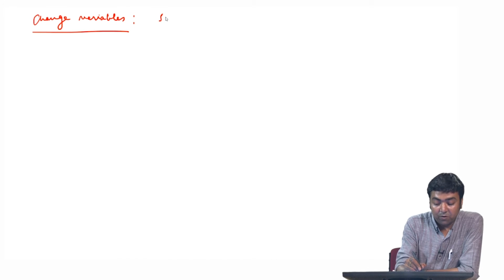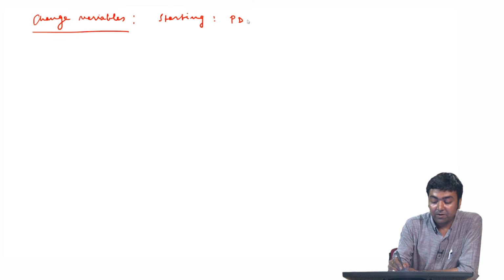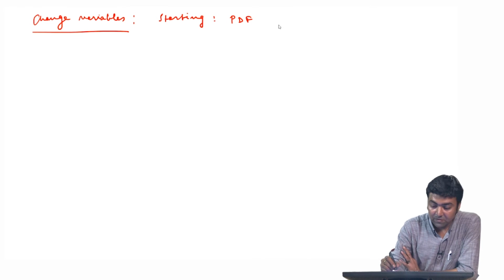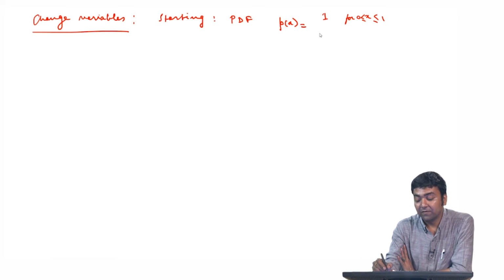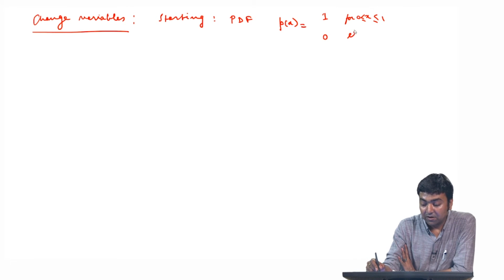My starting point, one should remember, is a set of random numbers with a probability distribution function given as p x equal to 1 for x between 0 and 1, and equal to 0 elsewhere.